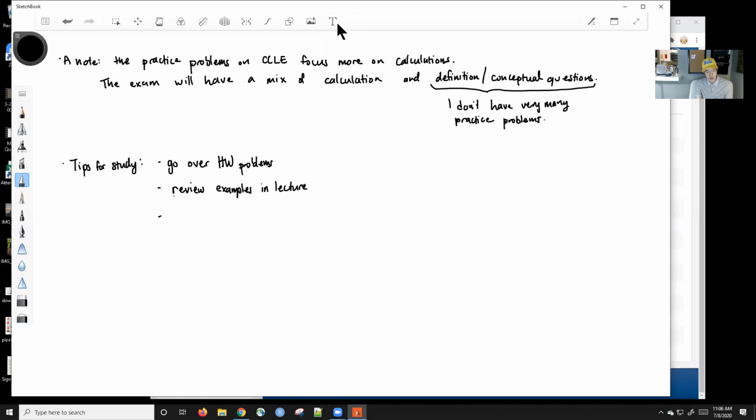And then I would say create a few pages, few being less than 3, a few pages of notes that summarize key ideas.